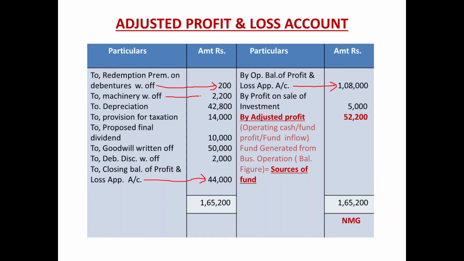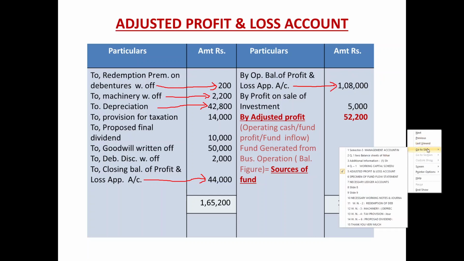Machinery written off 2,200, then depreciation 42,800. So we reported these two items which by nature were either non-cash or non-operating. So we gave the reverse impact in the adjusted profit and loss account. So this was the transaction related with machinery.